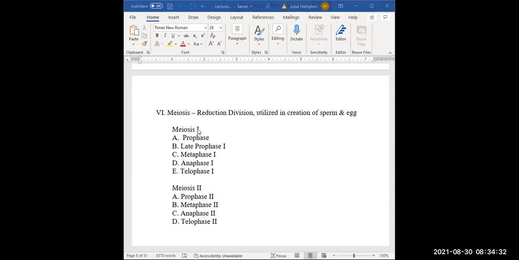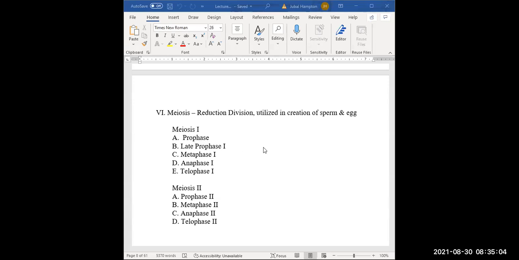We've got two major phases to meiosis, meiosis 1 and 2. And each of meiosis 1 and 2 also has its prophase, late prophase, metaphase, anaphase, telophase, and the same again for meiosis 2.